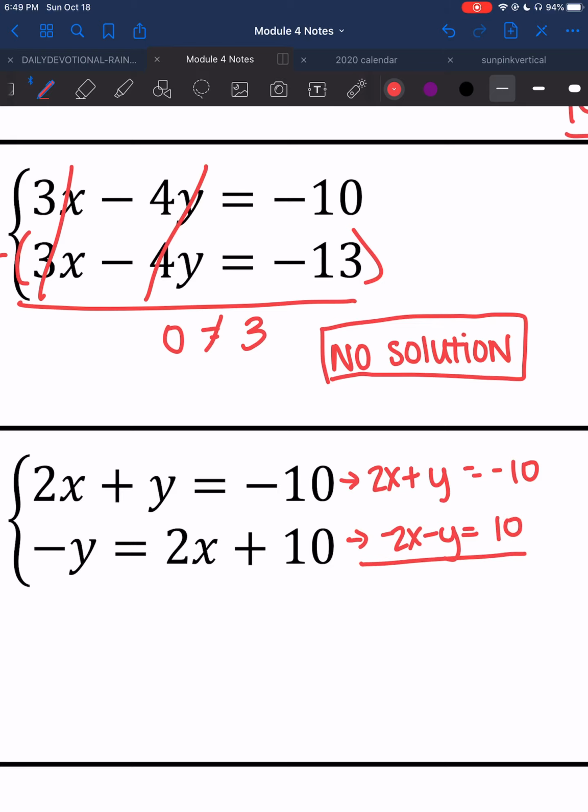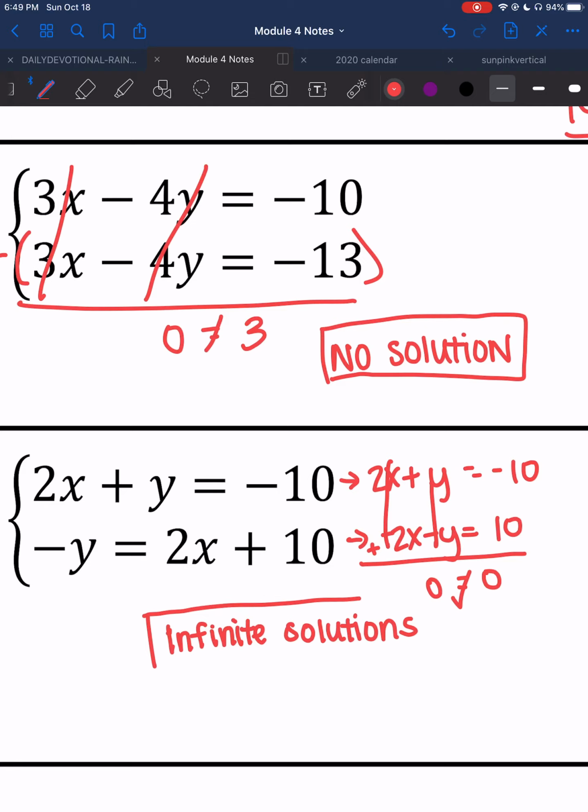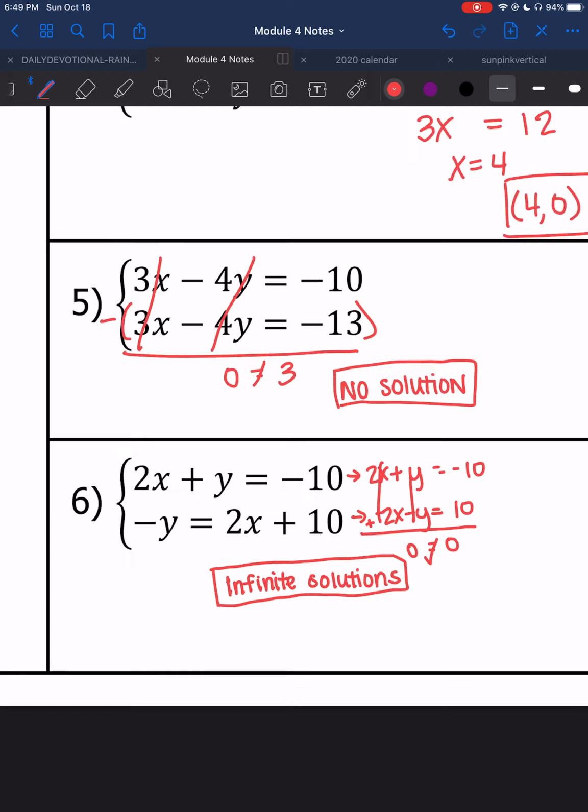And so I have 2x and a negative 2x. So we can add those. So those are going to go away. With a positive y and a negative y, those go away. So I have 0. Negative 10 plus 10 is 0. So 0 equals 0 all the time. So I have infinite solutions. And if I graphed those lines, they'd be the same. That's why I have infinite solutions. We'll talk about what they look like on a graph in a little bit.